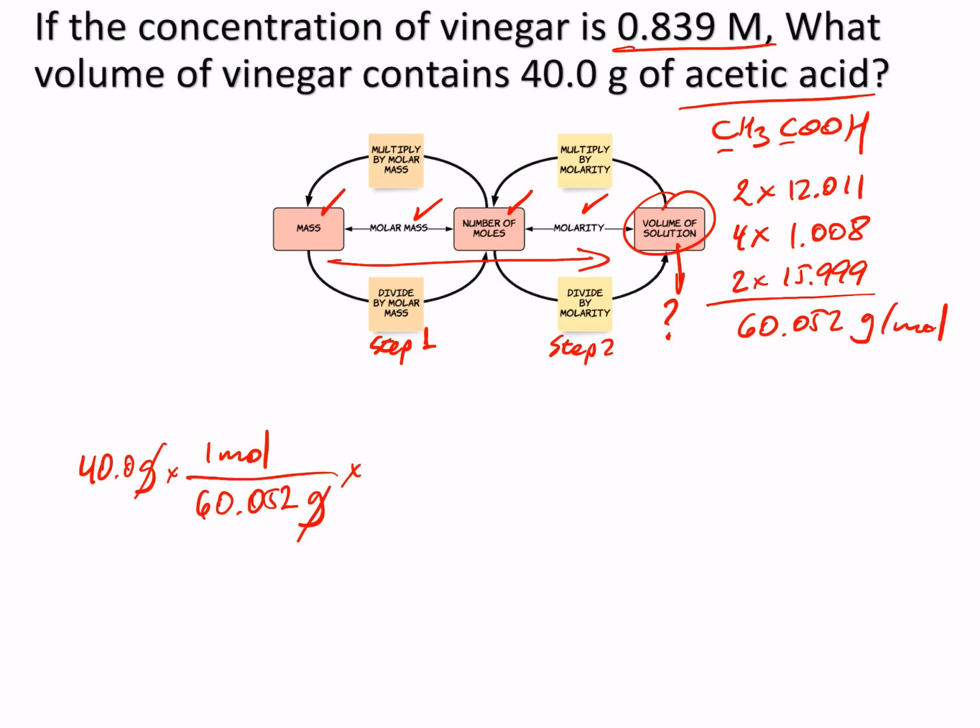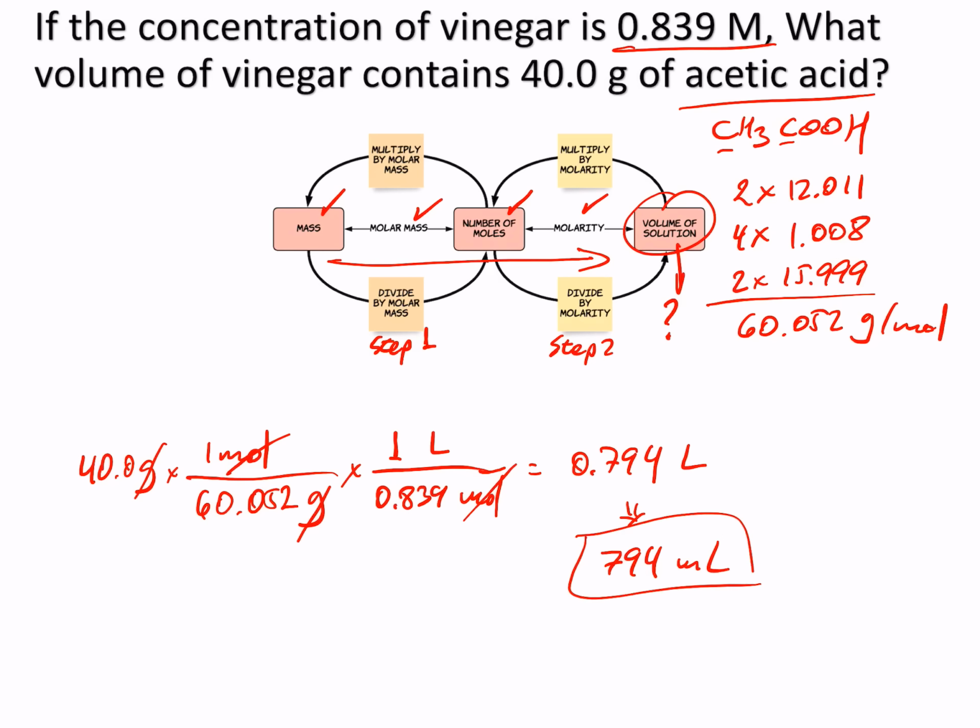Now with molarity you have to divide by molarity, so it's 1 liter divided by 0.839 moles, and this cancels with that. At the end you have units of volume, and that volume is 0.794 liters, which is the same as 794 milliliters. There is no specification about what units to report the volume, so 0.794 liters is fine. 794 milliliters is fine. In the exam we will tell you what units you have to report this with.